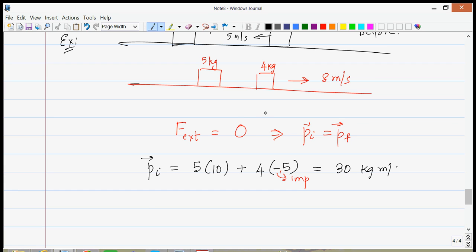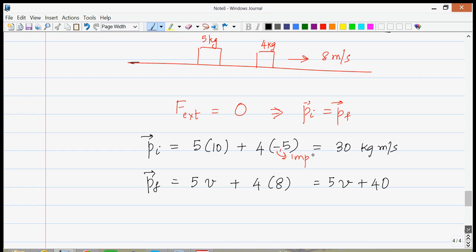On the other hand, the momentum in the end, we can write that as 5 times some unknown quantity v, plus 4 times 8. This ends up being equal to 5v plus 32.